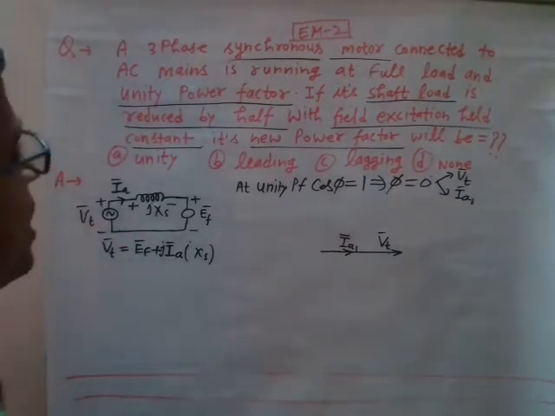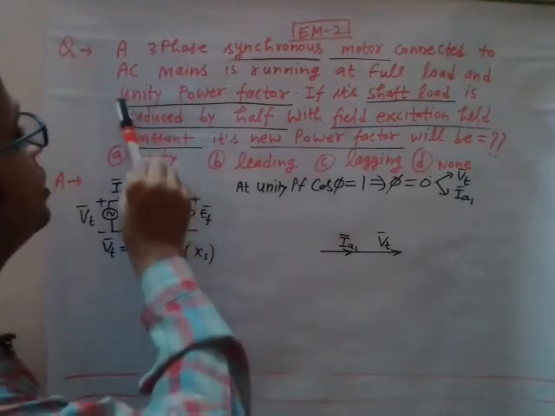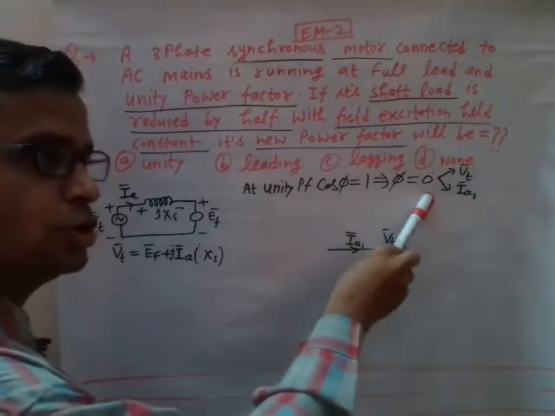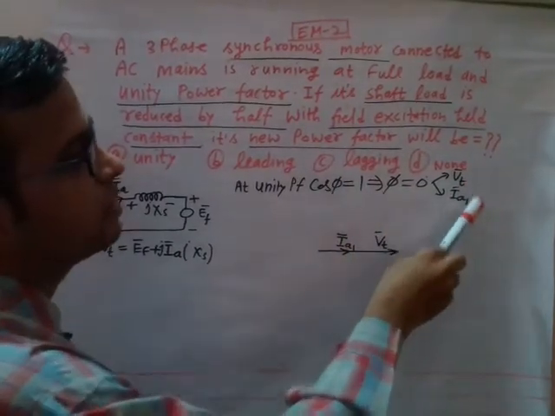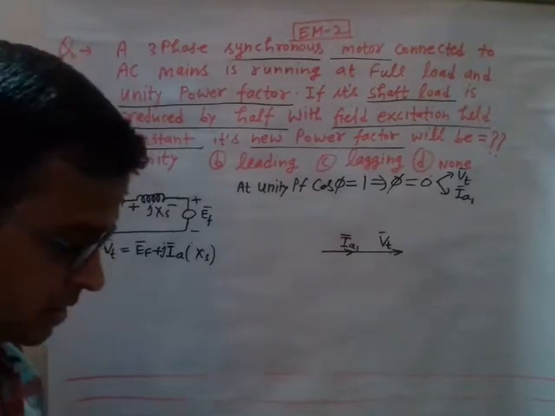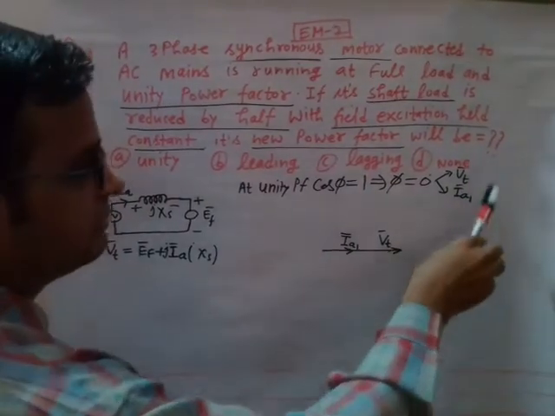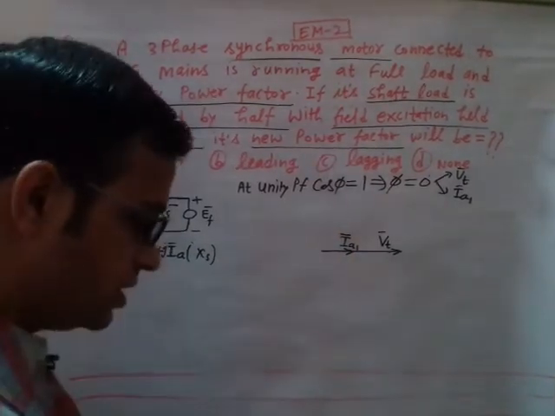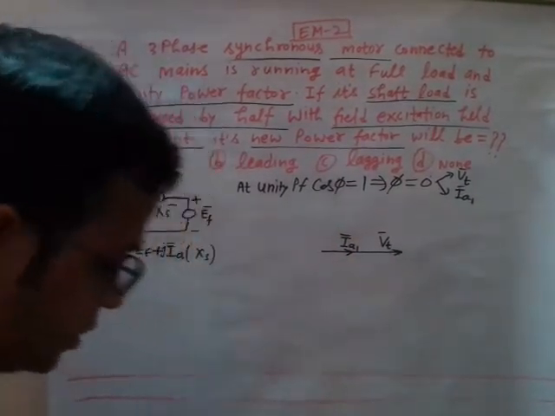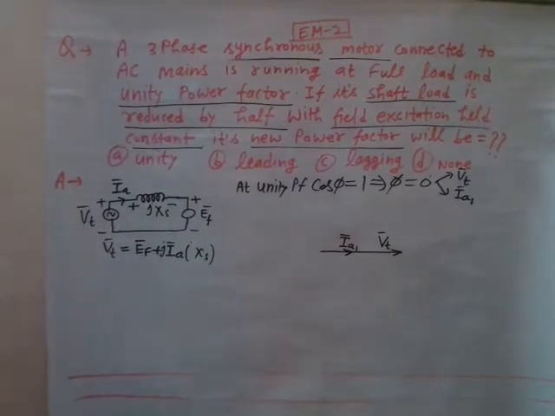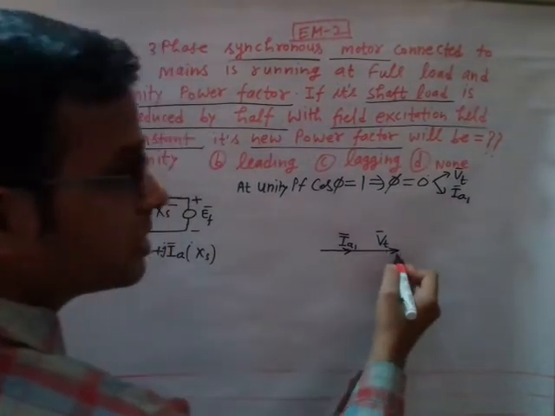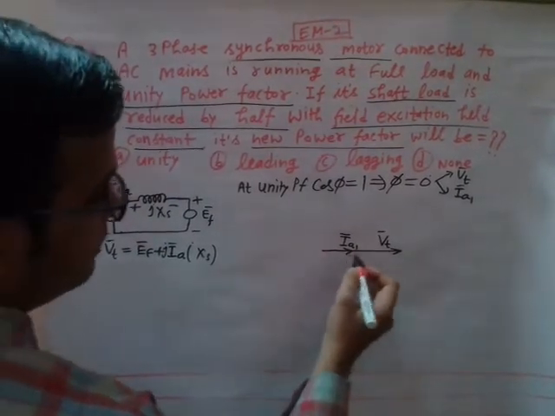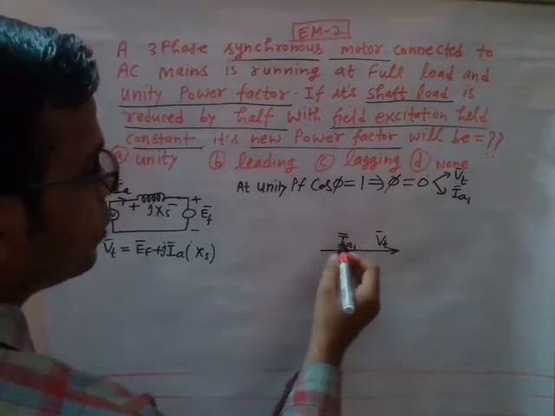Now initially the motor was operating at unity power factor, that means cos phi is equal to 1, so the power factor angle phi is equal to 0. This phi is the angle between terminal voltage and the initial armature current IA1, so both will be in the same phase. First of all, draw terminal voltage Vt horizontally with 0 angle, and in the same phase draw armature current IA1.